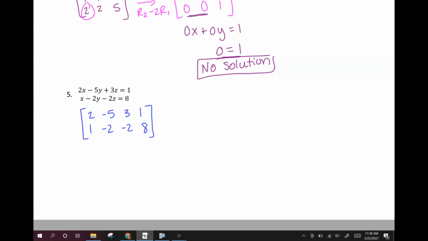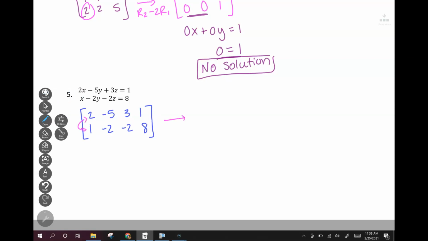So let's see how that works out using matrices. So I'm going to try to put this in row echelon form as much as I can. So first, actually, I'm just going to switch these two because then I'll have a 1, first row, first column. So I'm going to do row 1 switched with row 2.